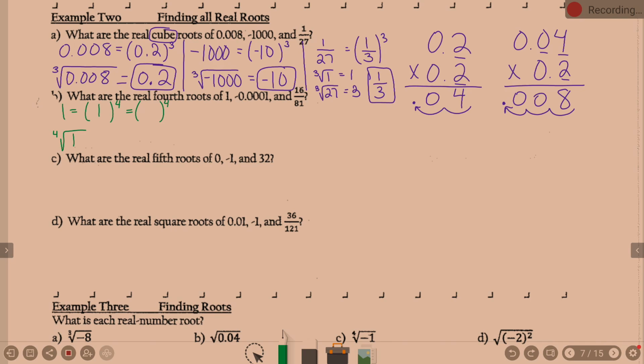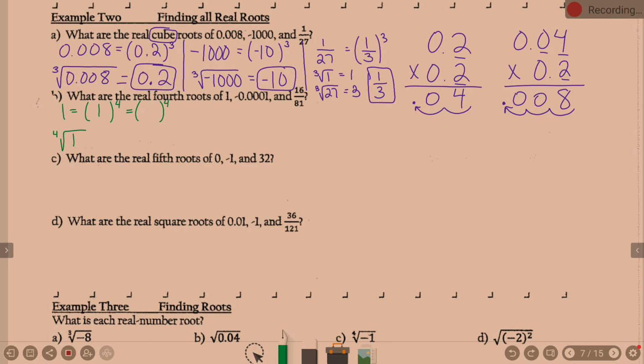One more here. Square root of 36 over 121. Again, this is not a fraction. You guys are seeing things if you're going to tell me it's a fraction and you can't do it. It's not a fraction. What is it? 2 numbers.